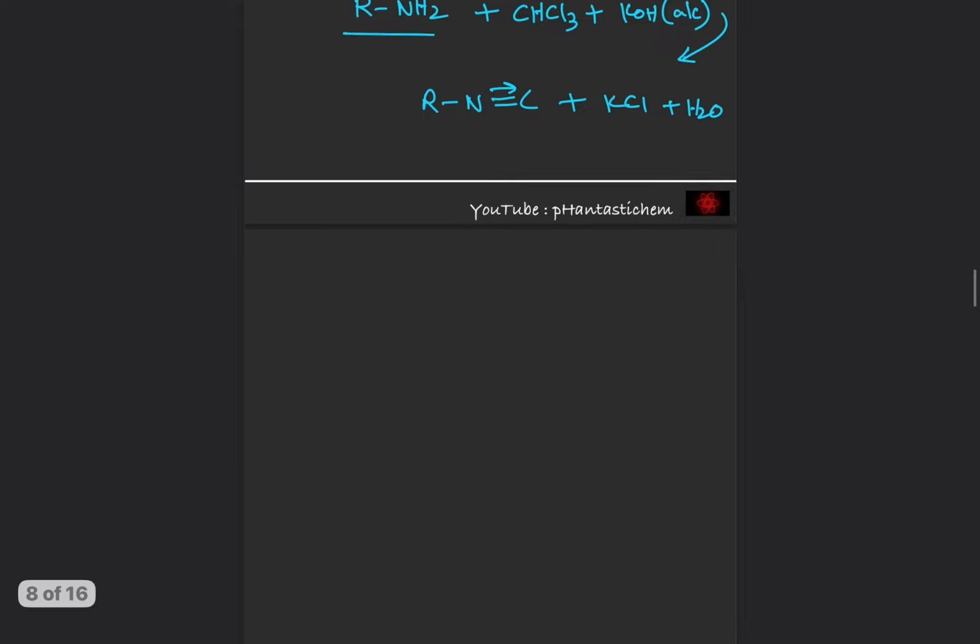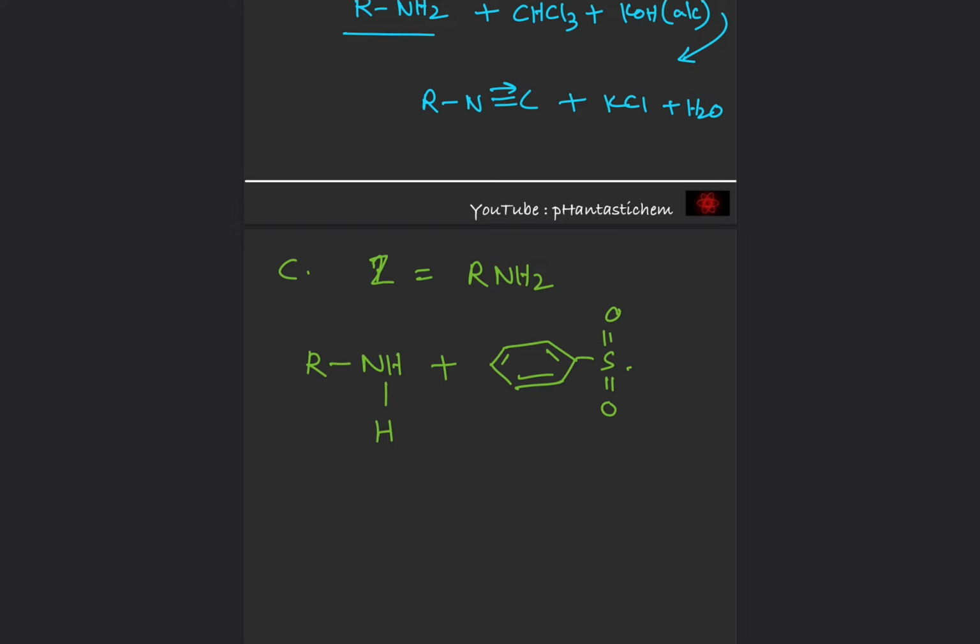Next we have statement C. Statement C is saying Z reacts with Hinsberg's reagent. Z is RNH2, right? So it is a primary non-aromatic amine. So I can write RNH2 as RNH and H separate, plus Hinsberg's reagent is benzene sulfonyl chloride, that is this guy, S double bond O Cl.